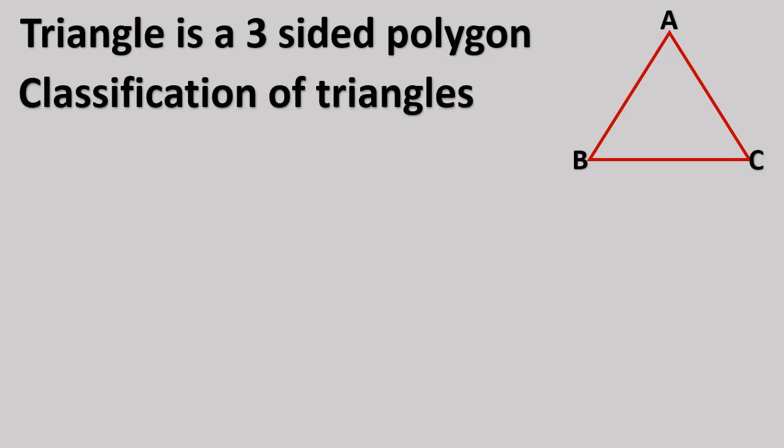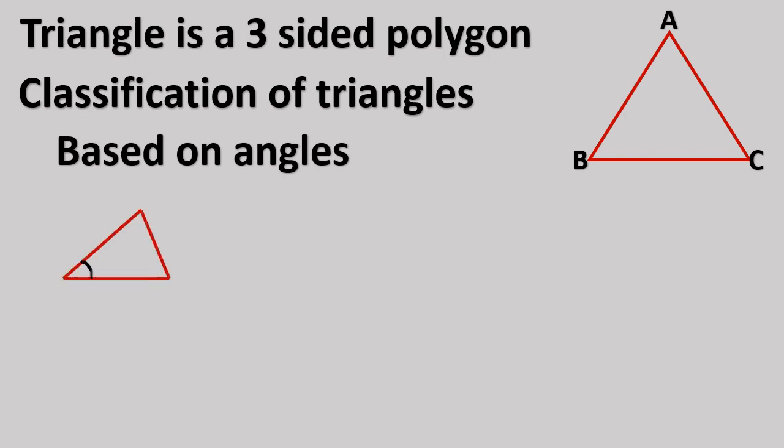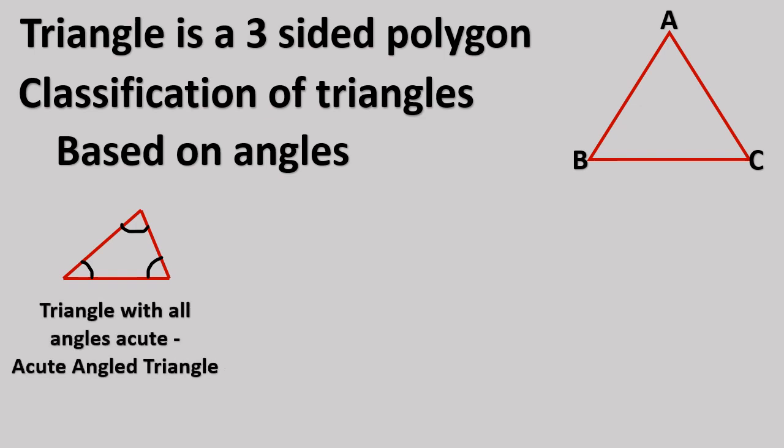And classification of triangles. Triangles can be classified based on sides as well as angles. Now, based on angles, a triangle with all angles acute is called an acute angled triangle.